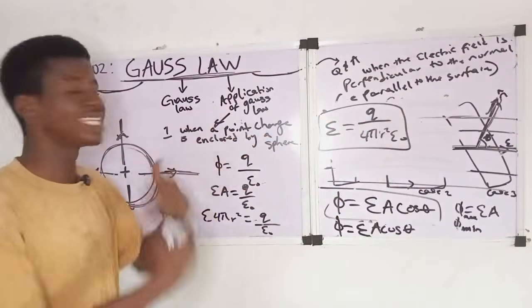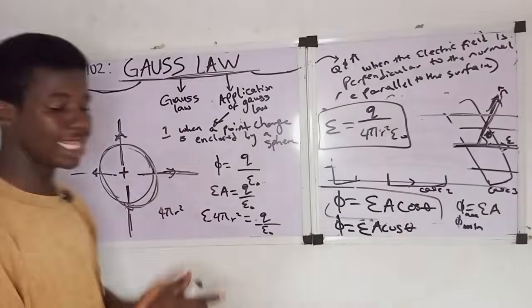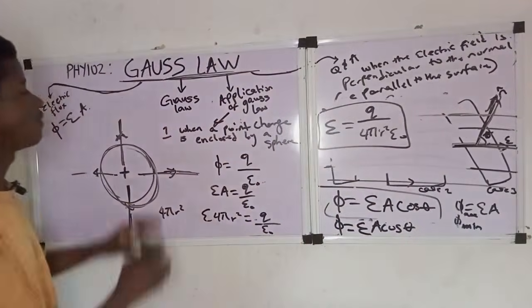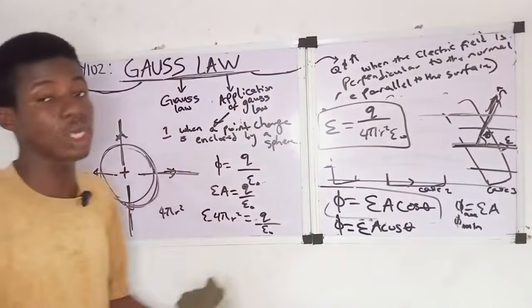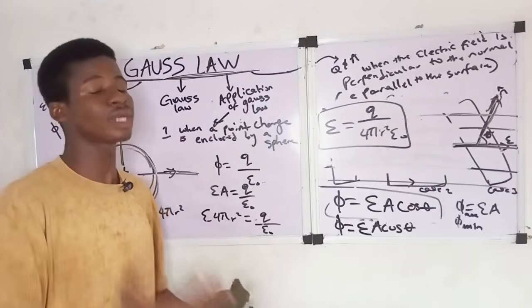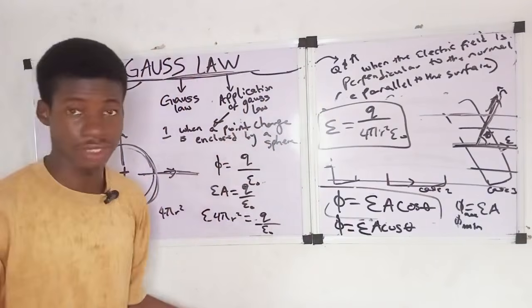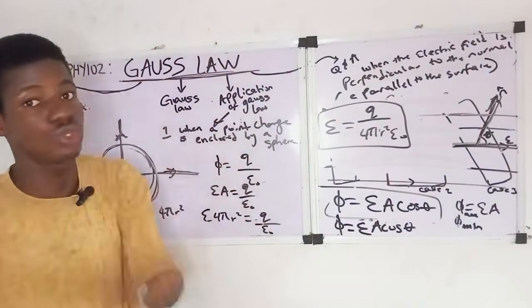Now let's continue with the next application. The very first application is when a point charge is enclosed by a sphere. How do we determine the electric field of that point charge? We use Gauss law.